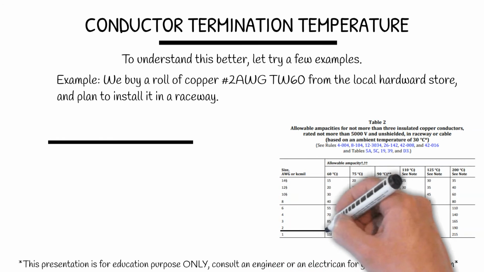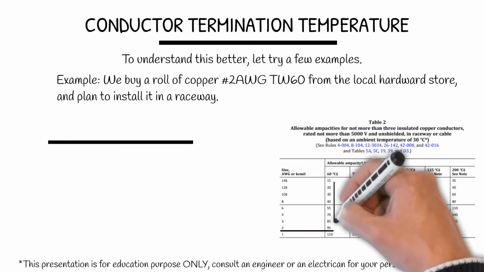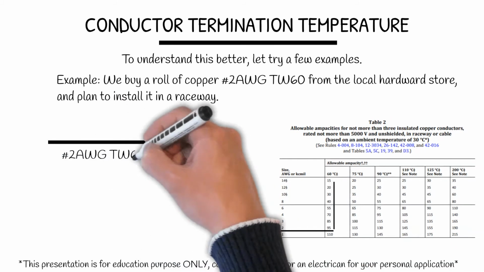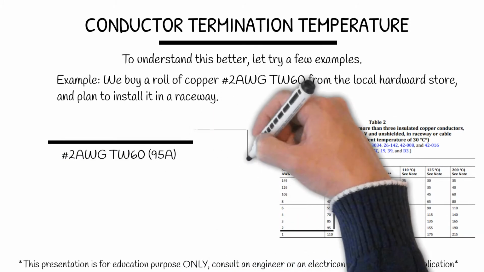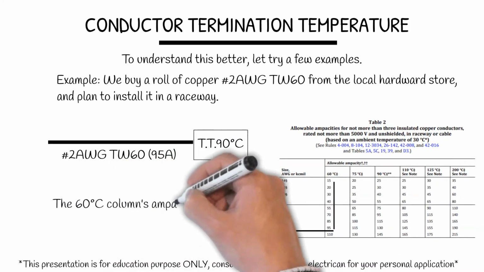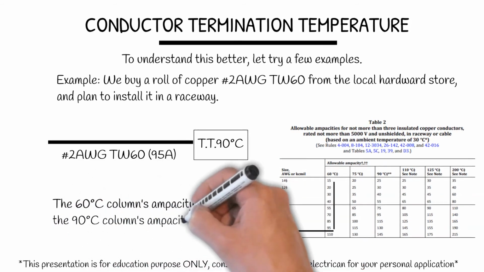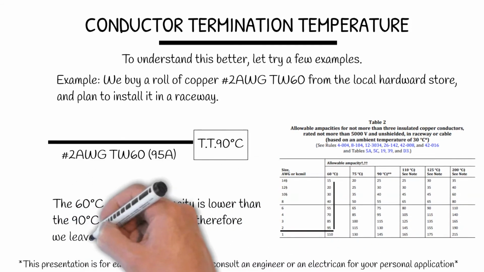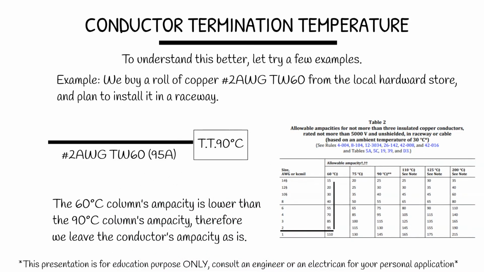So the number 2 wire up to the 60 degrees Celsius column, my number 2 is good for 95 amps. Let's say it terminates on an equipment rated for 90 degrees Celsius. The 60 degrees column ampacity is lower than the 90 degree column's ampacity. Therefore, we leave the conductor's ampacity as is.